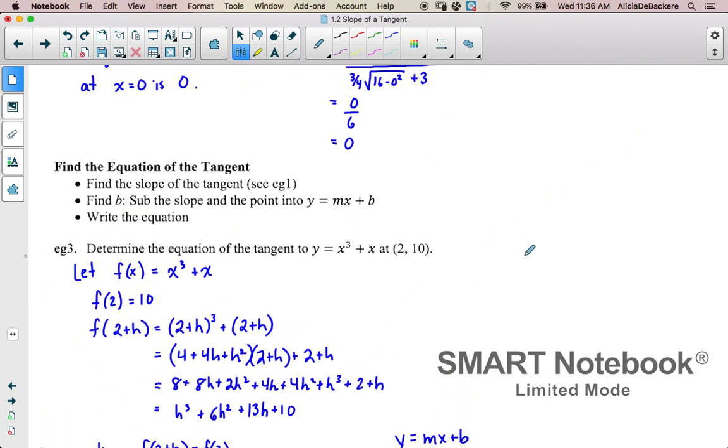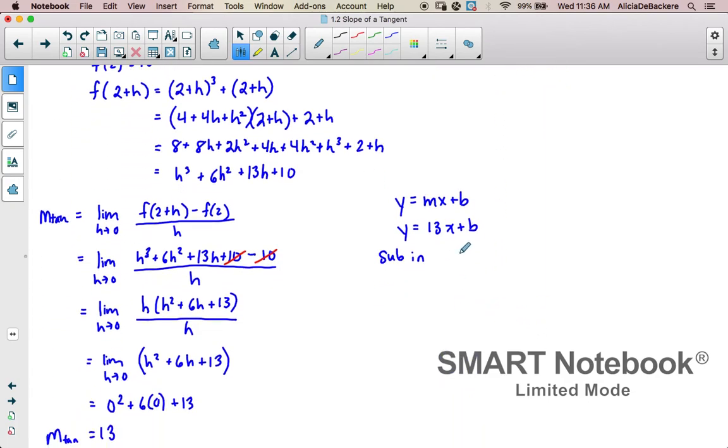We've got some sort of curve here, and they've given me the point (2, 10), and we're doing the tangent line through there. So we do know that point. We're just trying to figure out where the y-intercept is. So we're plugging in 10 for the y, and 2 for the x. Now we just rearrange and solve for b.